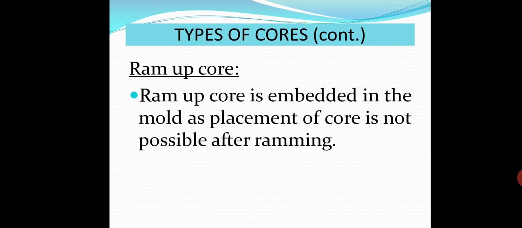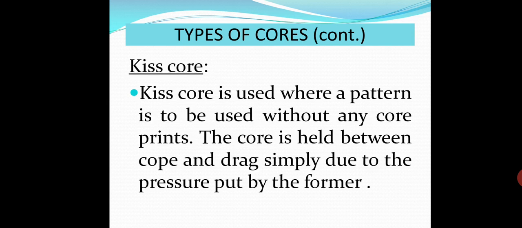Next is ram-off core. It is embedded in the mold as placement of the core is not possible after ramming. And next is key core. Key core is used where a pattern is to be used without any core prints.